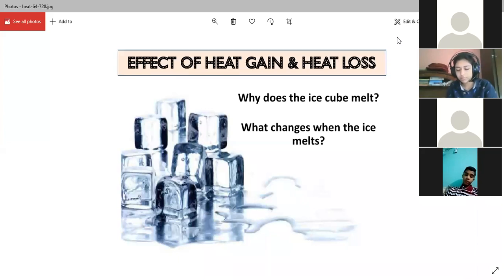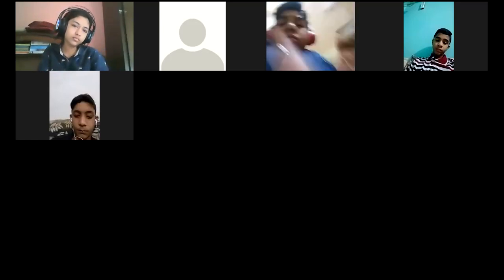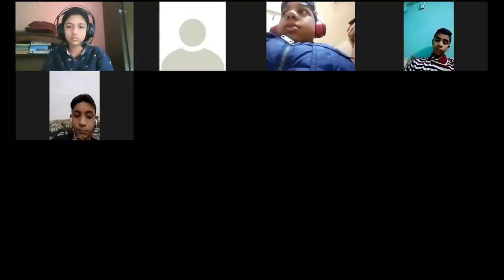And why does the ice cube melt? Because of the heat gain. All right, when the ice cube gains the heat from the environment, it loses its identity and it changes itself into the liquid one. So this becomes the effect of heat gain and loss as per the change of state.